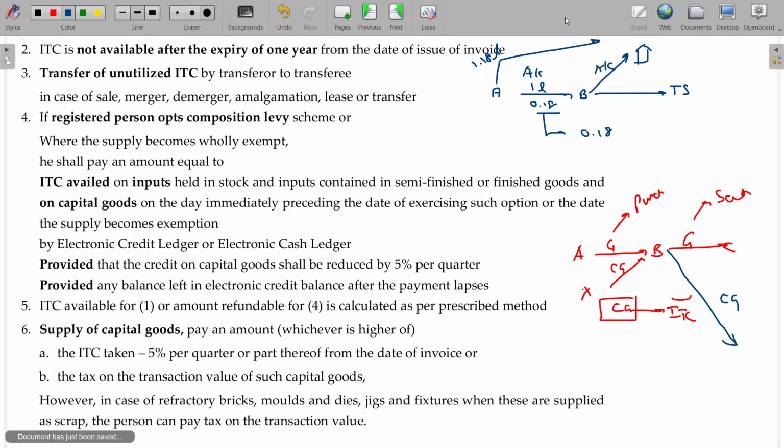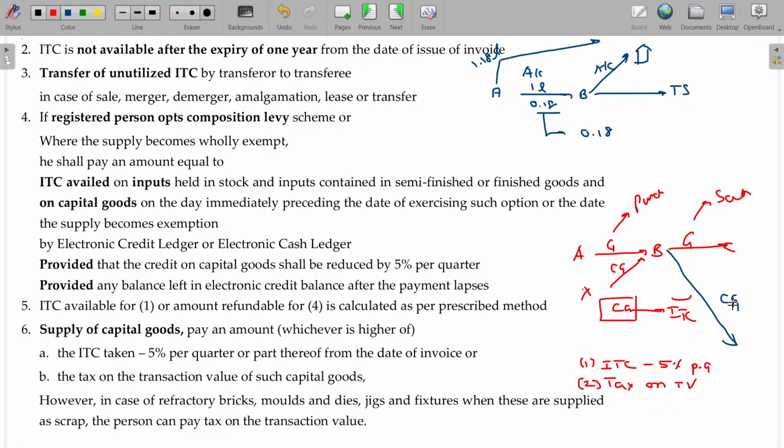Sixth provision comes. As per the sixth provision, ITC availed minus 5% per quarter should be refundable, or tax on transaction value.